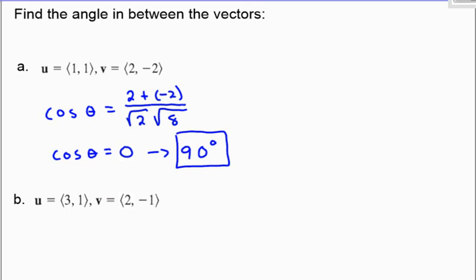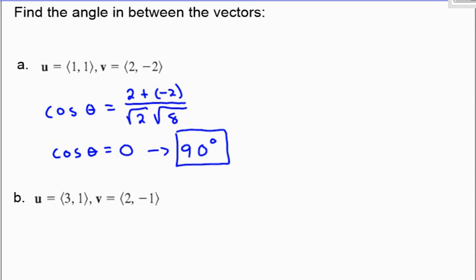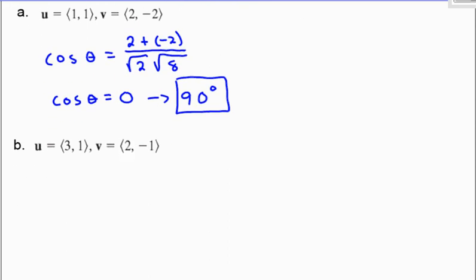Okay. Now, for part B, I'm going to do the cosine of theta. It's going to equal the dot product. So I'm going to do 3 times 2 is 6, plus 1 times negative 1 would be negative 1. And I put it over the magnitude of U, which would be the square root of 3 squared plus 1 squared, so 9 plus 1 would be 10.